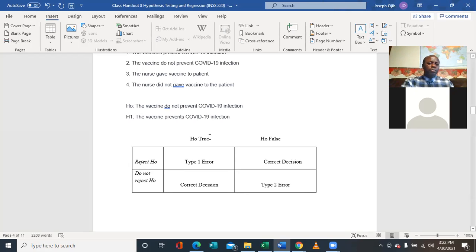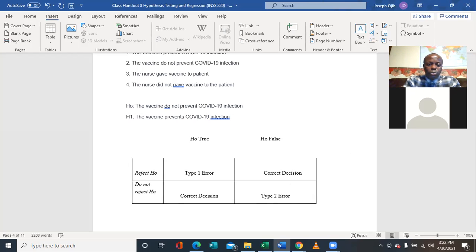Now, so we have it in this form, and then we have H0. Let me put it this way. You know what? Let's make H0: the vaccine prevents COVID-19 infection. H0 false: do not prevent COVID-19 infection.